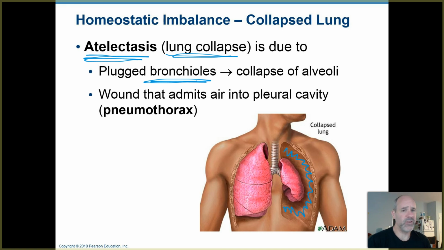So if your bronchioles are congested, like let's say you have very severe pneumonia and you have overproduction of mucus and fluids from inflammation down in your lungs and you can't get enough air down into your alveoli, that can lower the amount of air that you have in your lungs. That can lower the air pressure. And if the surrounding pressure in the pleural cavity winds up being higher, it can cause the lung to collapse.